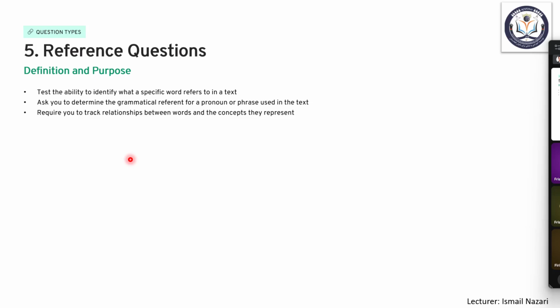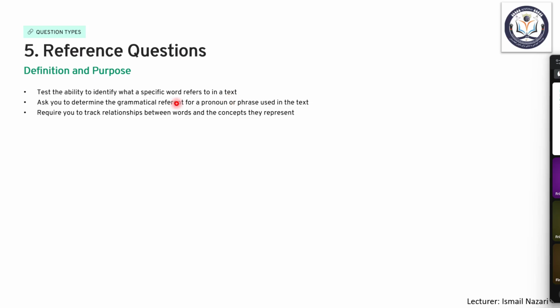Are we able to understand that referential relationship between sentences and between the points made in the passage? So it tests our ability to identify what a specific word refers to in a text.